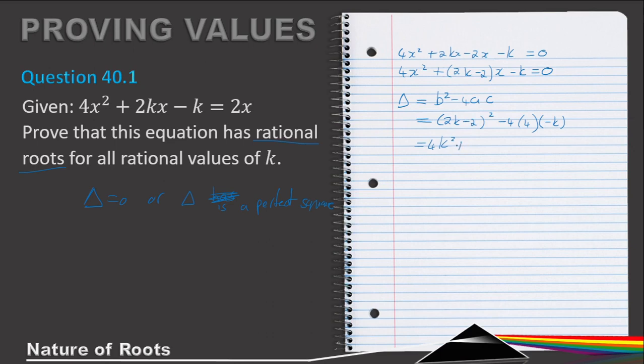So actually minus 8k, and square the last one, plus 4, and then plus 16k, and simplify 4k squared. This is then plus 8k plus 4.